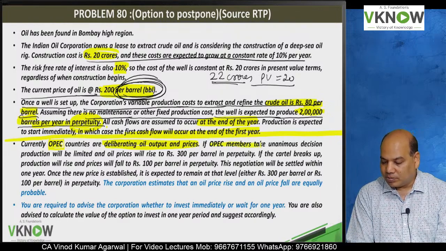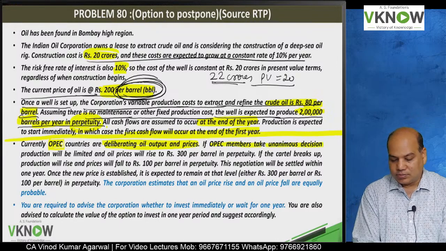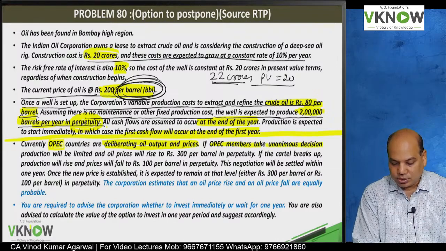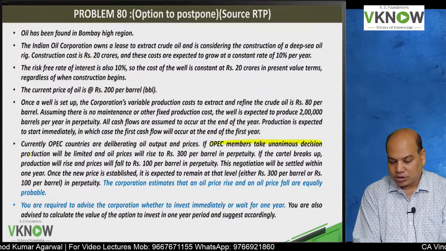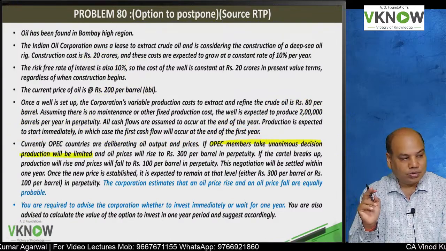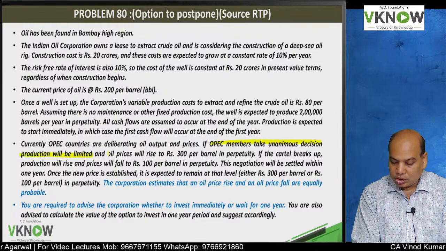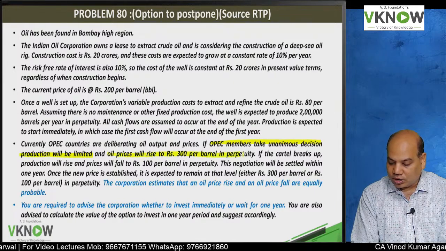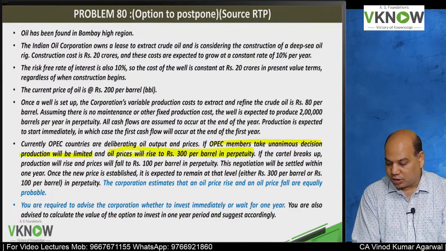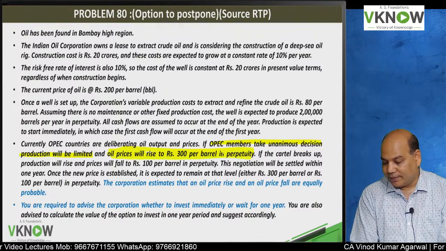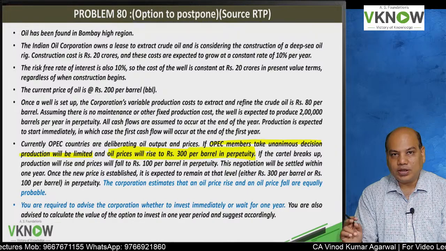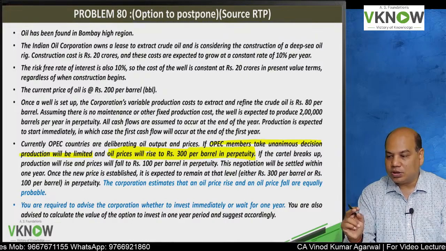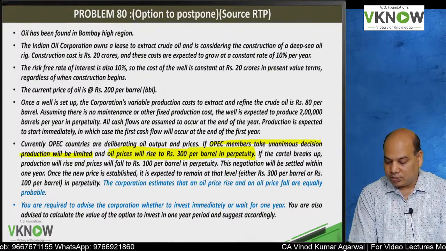If OPEC members take unanimous decision, production will be limited. So they may decide to cut down the production. And if they decide to cut down the production, the oil price will rise to 300 rupees per barrel in perpetuity.